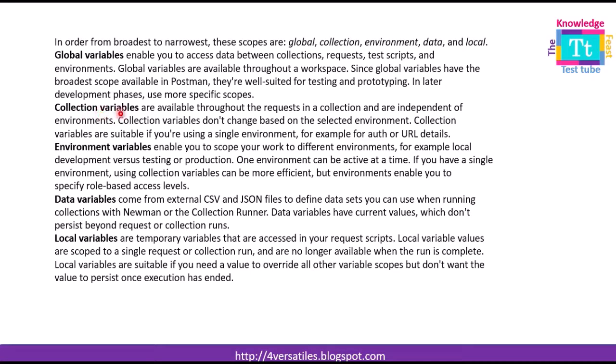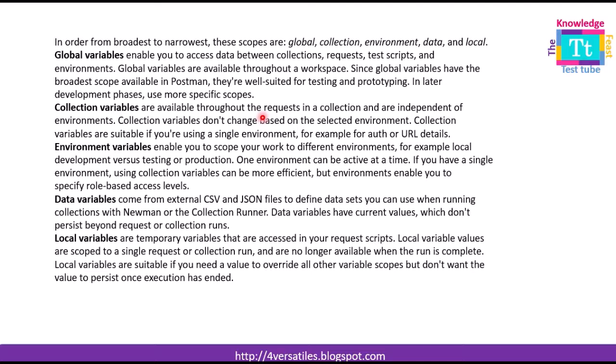Their scope is across the collection, so you can use these variables anywhere inside the collection, between different requests. If there is a certain value you want to use across various requests within the collection, the best way to parameterize that is using a collection variable, because it works in different requests under the same collection where it is defined.